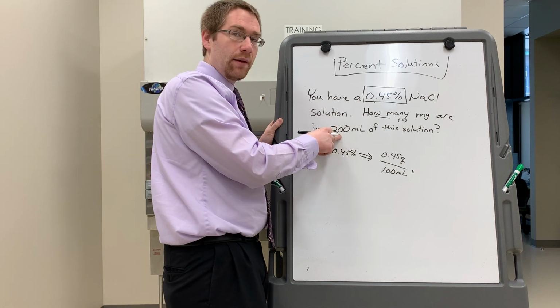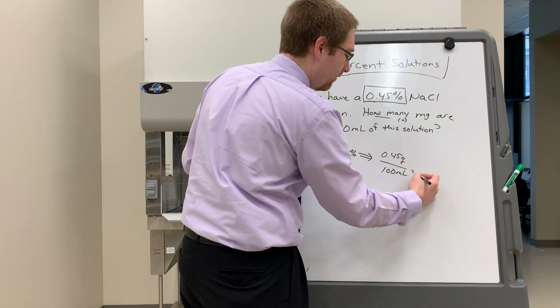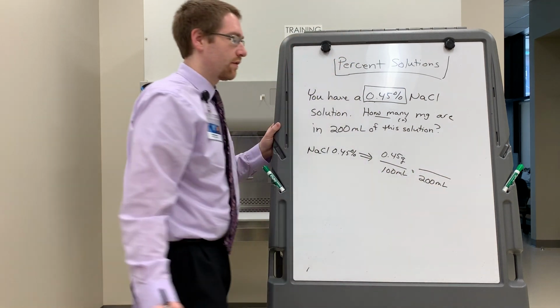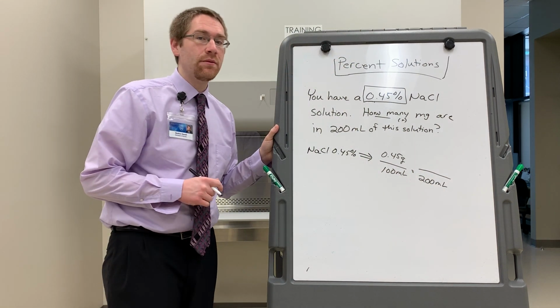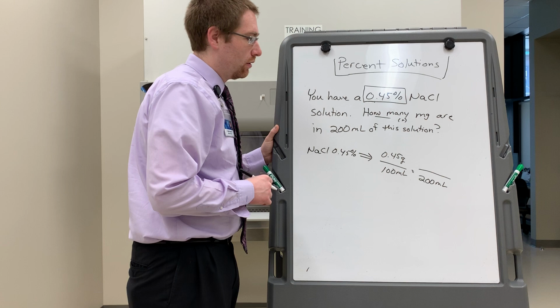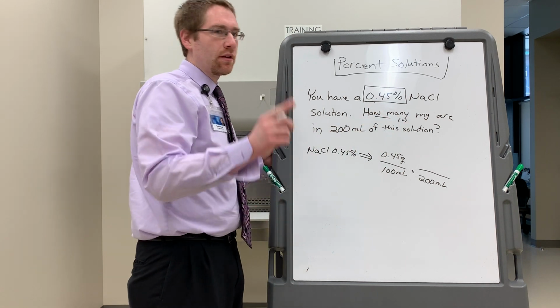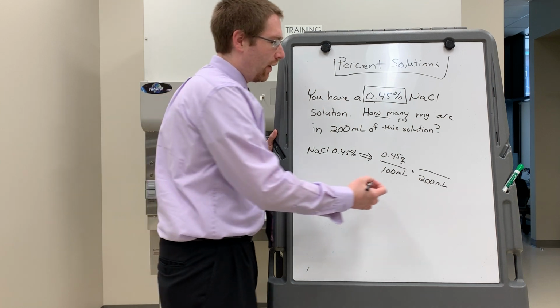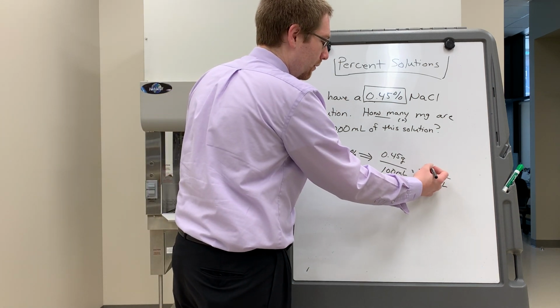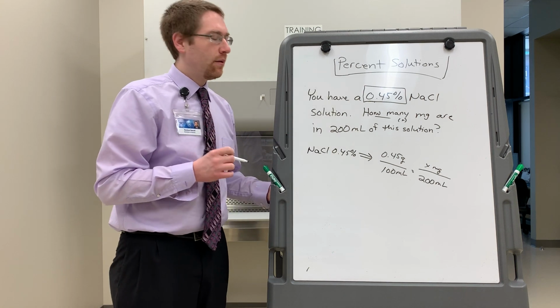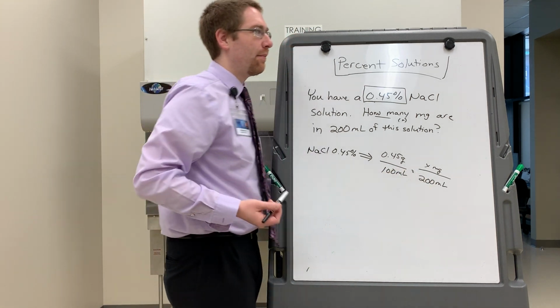Well, I'm going to start with what I'm given. I know that I'm figuring out how much drug is in 200 mLs of solution. And again, I know I need to put that on the bottom. So looking at the top, I would write typically X milligrams. There's a problem, however. If I were to write X milligram, I cannot solve that because the unit on top does not match.